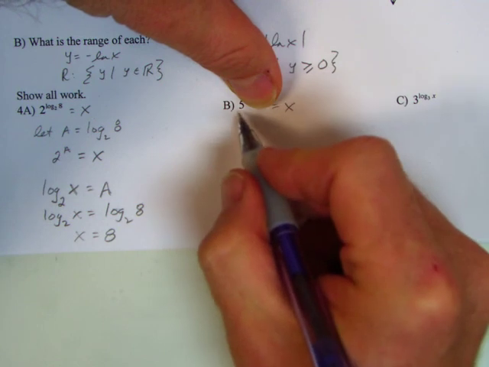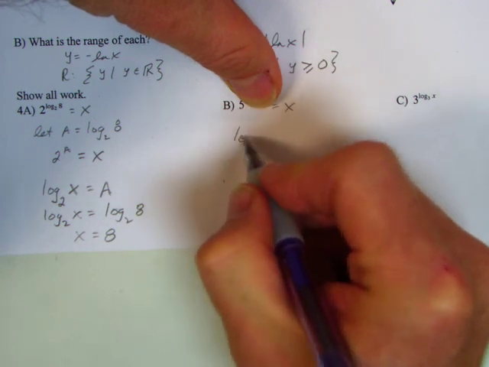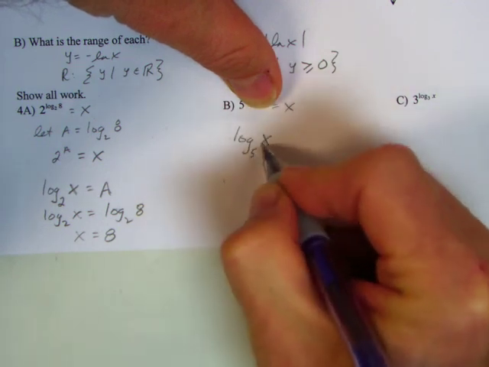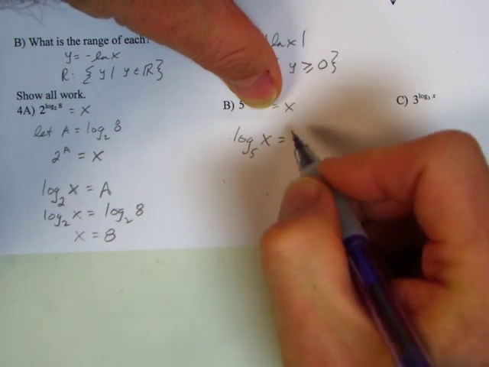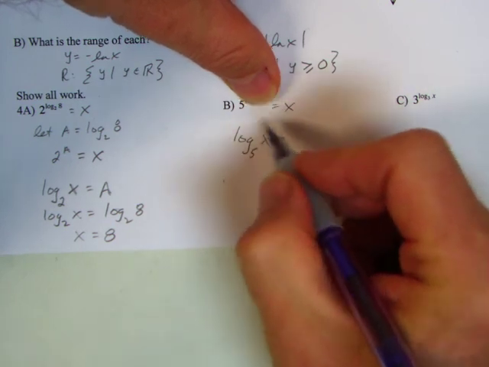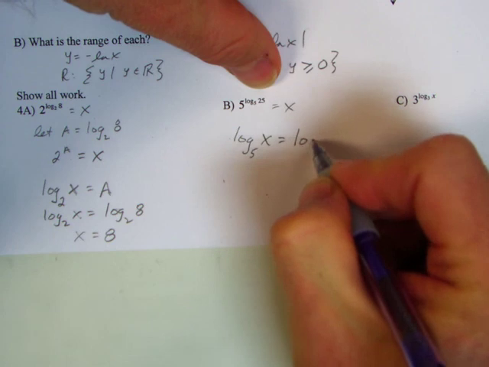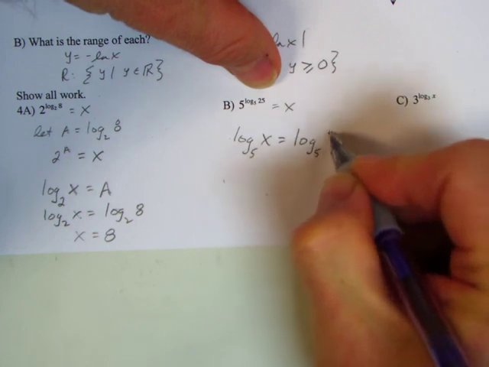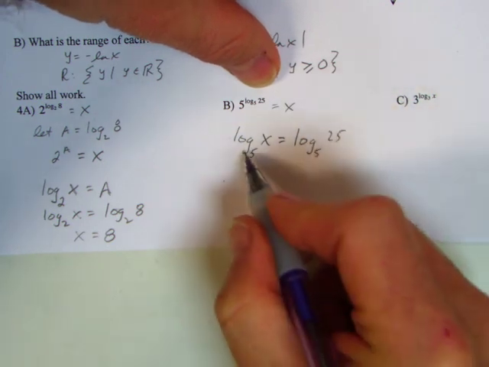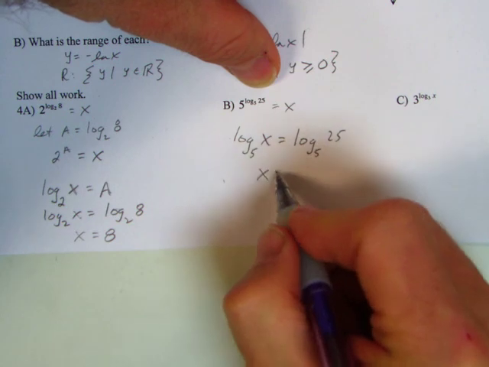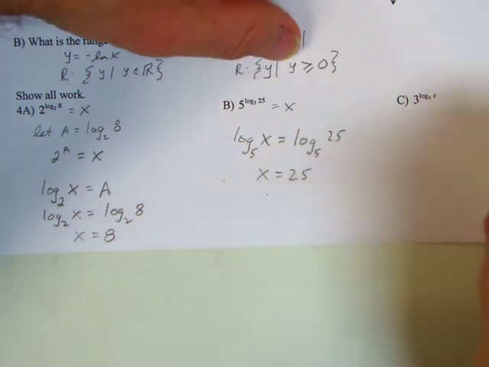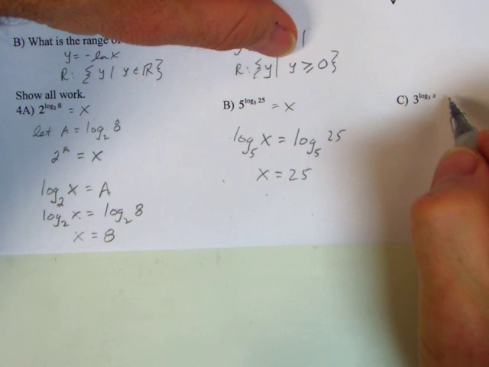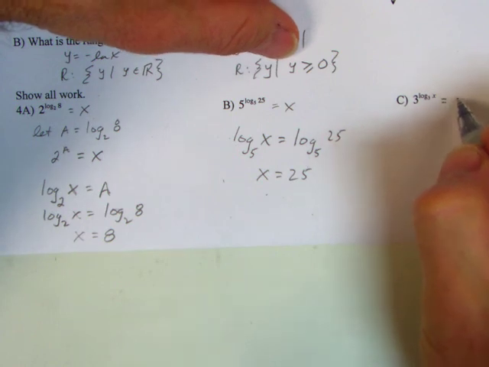So the base is 5, so it'll be log base 5 of x equals my exponent. And what is my exponent? It doesn't matter how ugly it is, I'm just going to write it down now. Log base 5 of 25. Now we have two logs with the same base, so their arguments are equal. x equals 25.